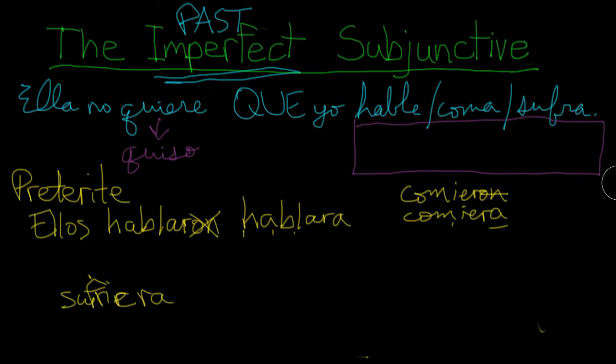Instead of, for example, hablara, we're going to go habla and replace the r with an s and add e, hablase. Instead of hablara, hablase. And it goes straight like that down the line.